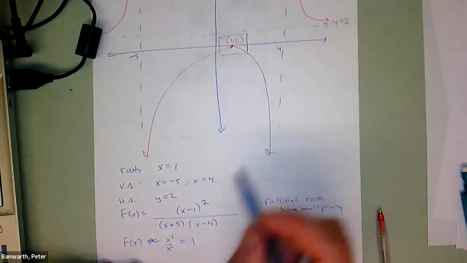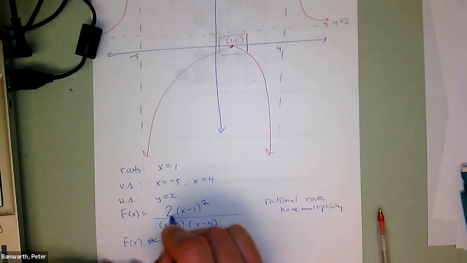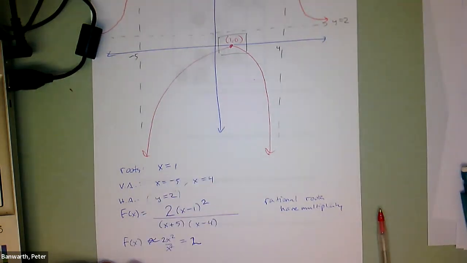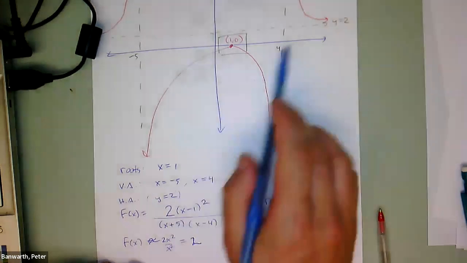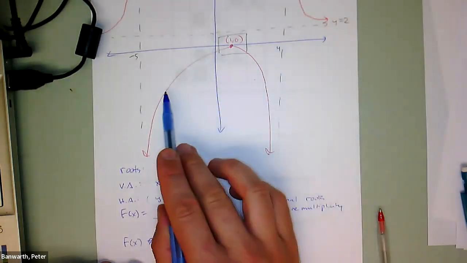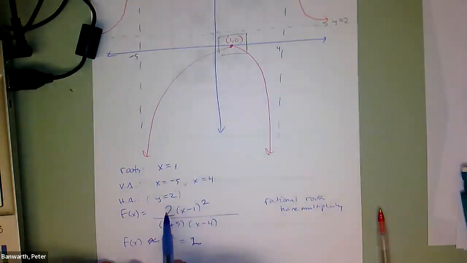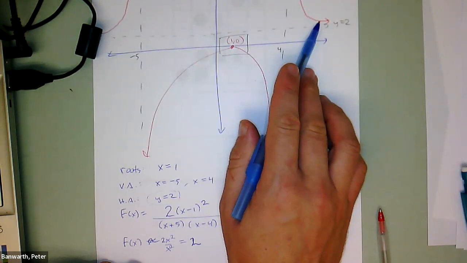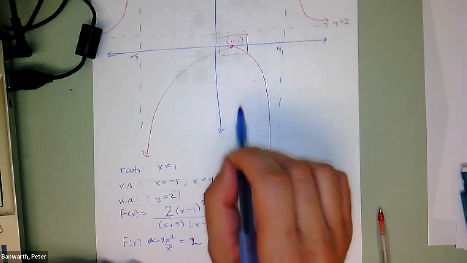So to fix that, I need to put a 2 right here. And now my function looks like 2x squared over x squared, which equals 2. And that's my horizontal asymptote. So in this case, instead of having an extra point to figure out the leading coefficient, we use the extra line of the horizontal asymptote to figure out the leading coefficient.